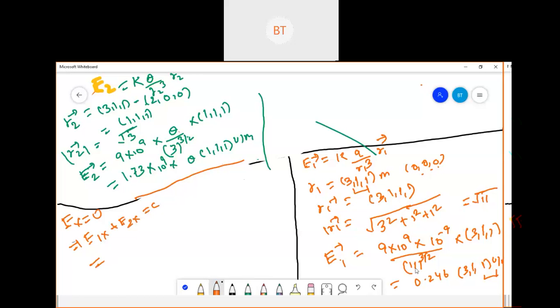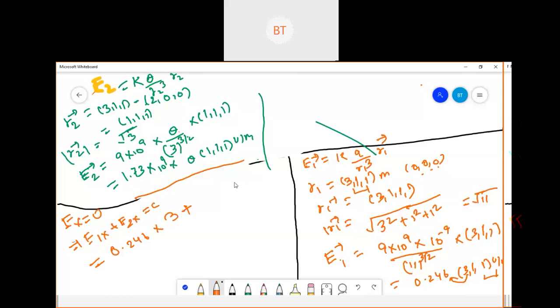So the first value I've got is 0.24646 into this value into 3 plus this value 1.73. I'm talking about only the x coordinate, so I multiplied with 3 only. Other coordinates I have left.